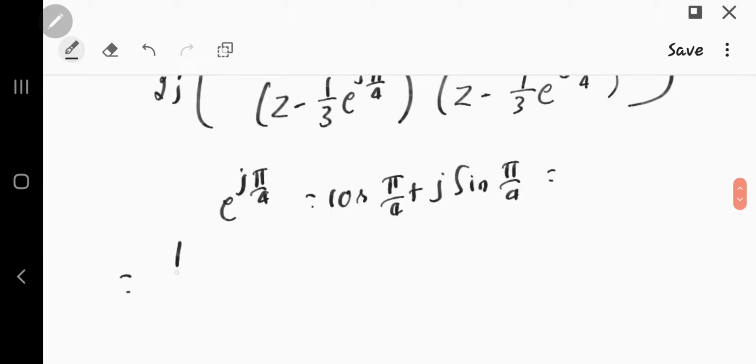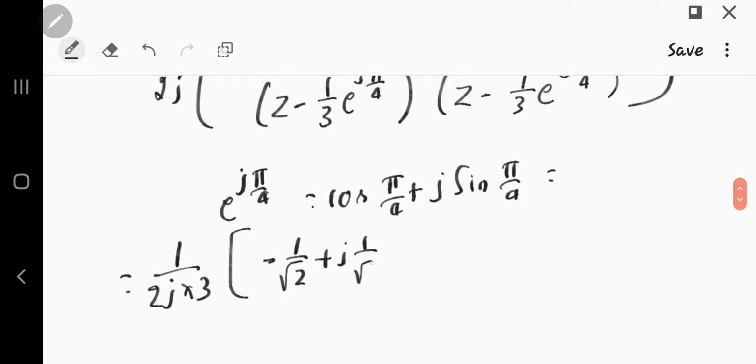You can take this 1 by 2j into 3 common, so we will remain with minus 1 by root 2 plus j 1 by root 2 plus 1 by root 2 plus j 1 by root 2.